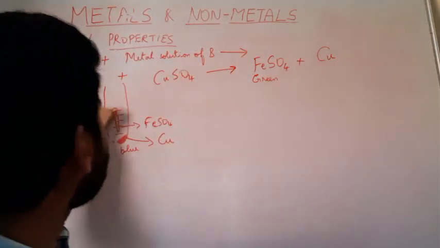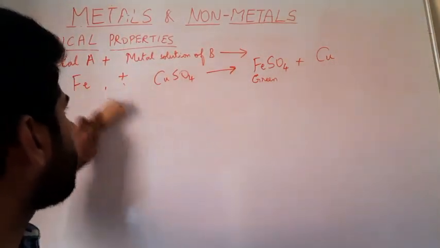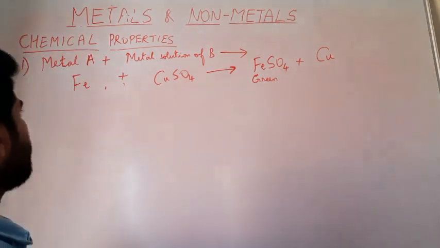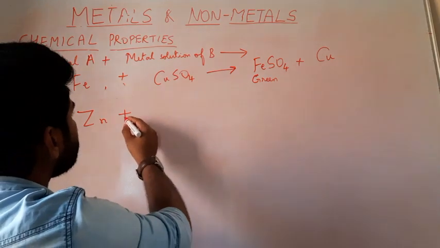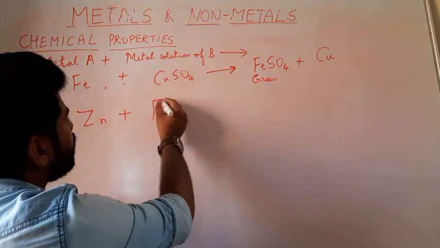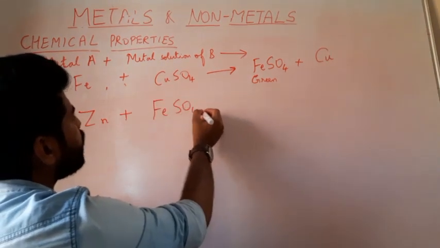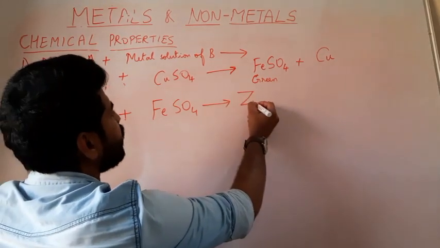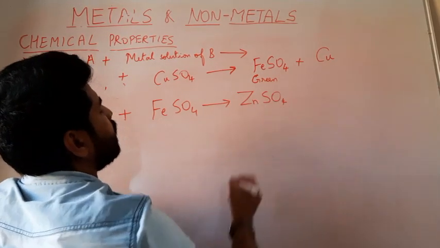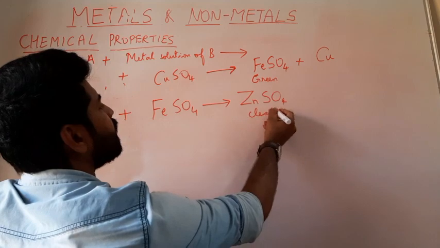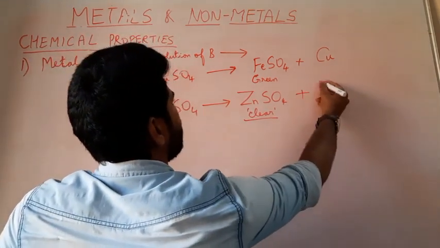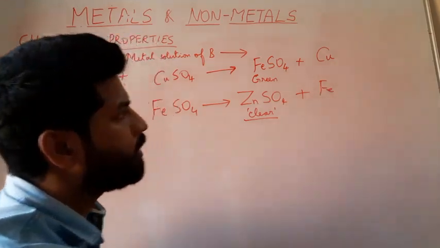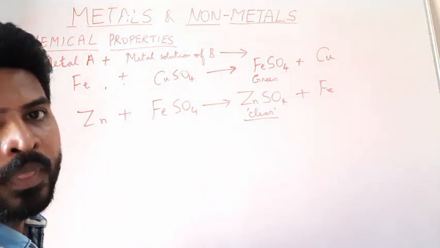Just to give you an example, let us say another example. Say we have zinc, and if you add zinc to ferrous sulfate, we get a clear transparent solution, zinc sulfate, and iron is present at the bottom.